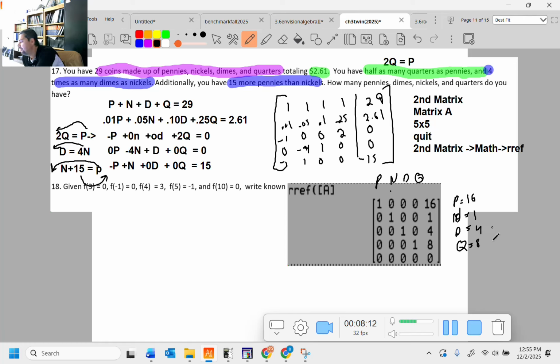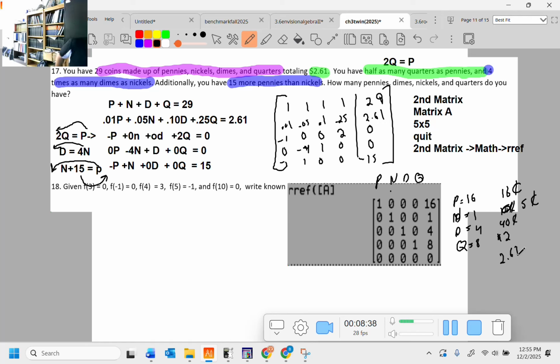So is this right? Well, 8 quarters is $2, right? 4 dimes is 40 cents. 1 nickel is 5 cents. And then you've got 16 pennies, which is 16 cents. If you put those together, sure enough, you get $2.61.